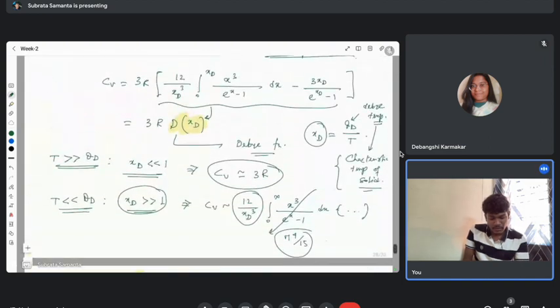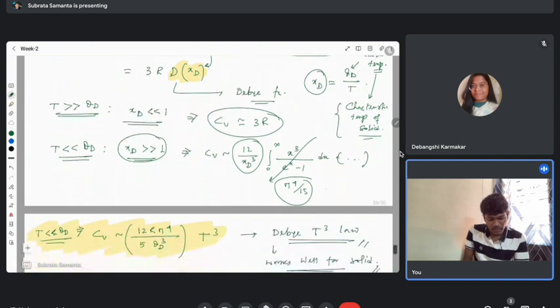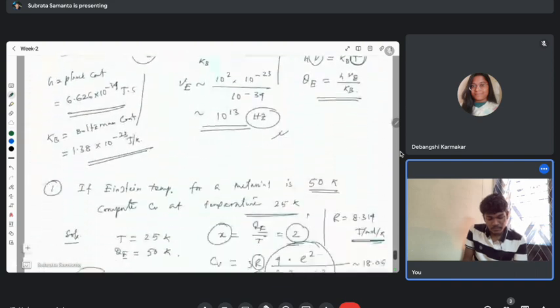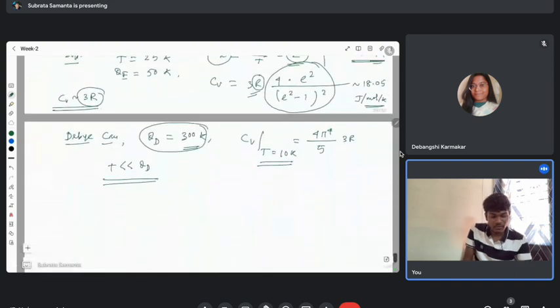So 4 pi to the power 4 and 3 gives 12, then R, and T over theta D.